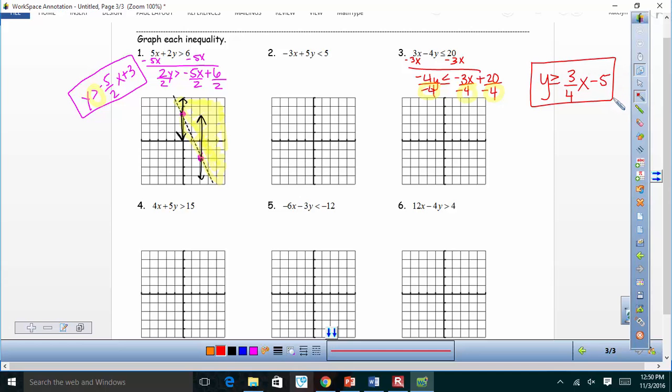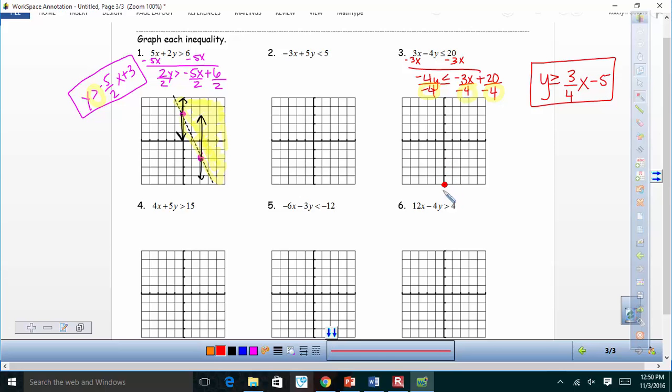Okay? So then we want to graph this. So we will graph a negative 5 first. So we go down 1, 2, 3, 4, 5, put a dot.